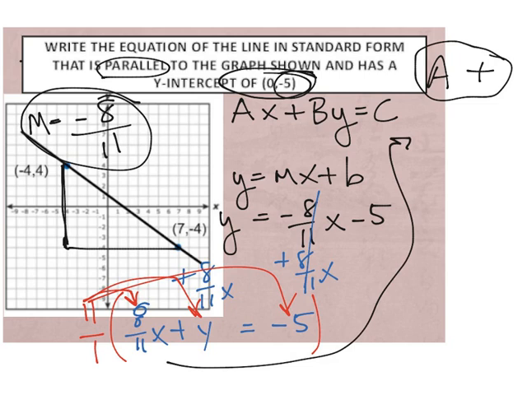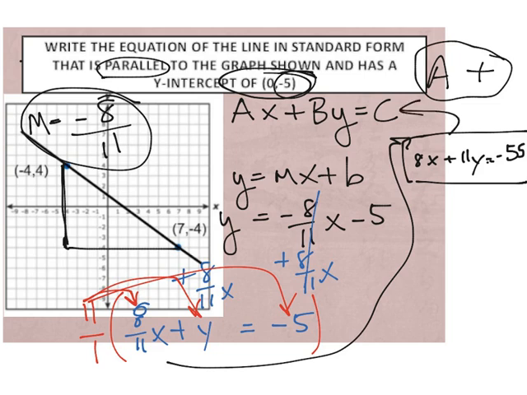I'm going to go back up here. All right, a little bit smaller. I would get 8x plus 11y equals negative 55. And this would be our final answer in standard form. It looks like that. Okay.